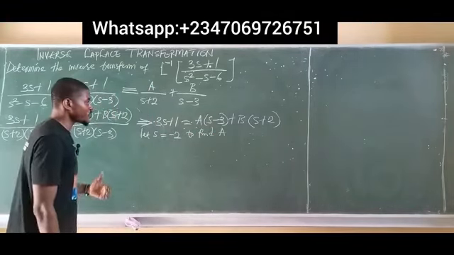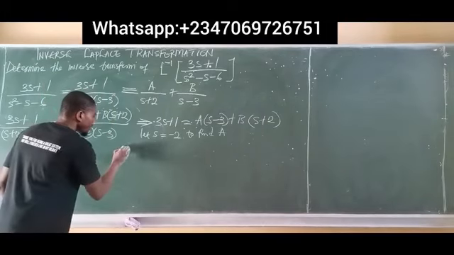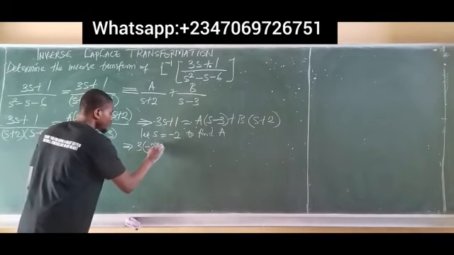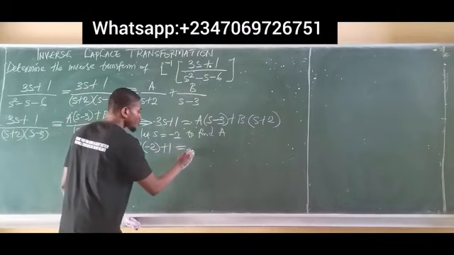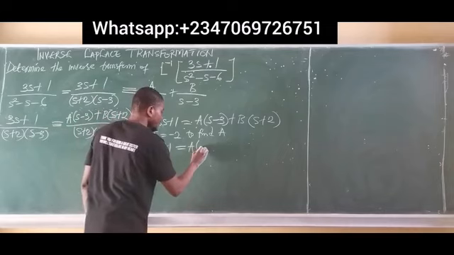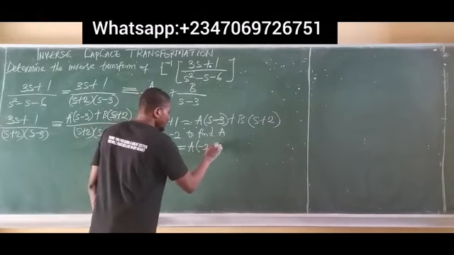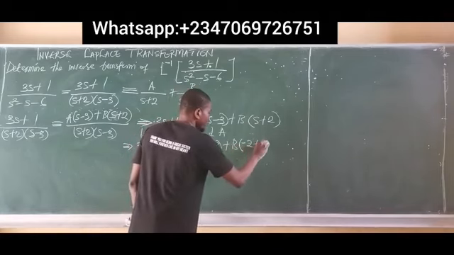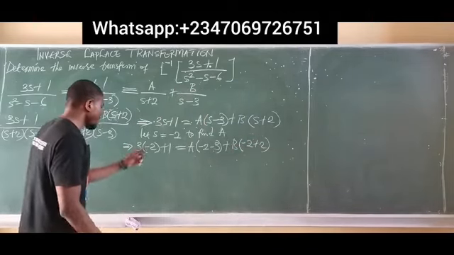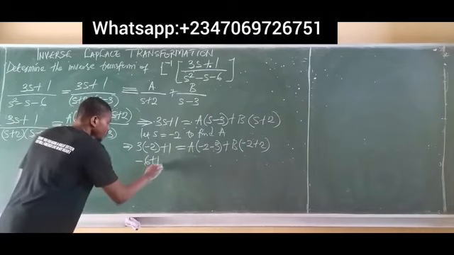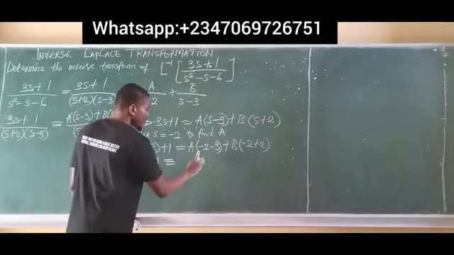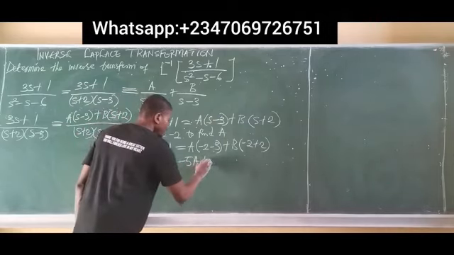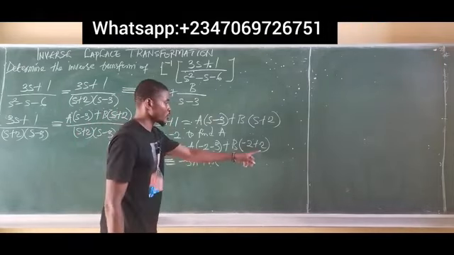So, wherever you see s, put in the value minus 2. This now implies that I have 3 times, in place of s is minus 2, plus 1, and this is equal to a times minus 2 minus 3 plus b into minus 2 plus 2. 3 times minus 2 is minus 6 plus 1, which is equivalent to minus 2 minus 3 is minus 5 times a plus b into minus 2 plus 2 is 0.